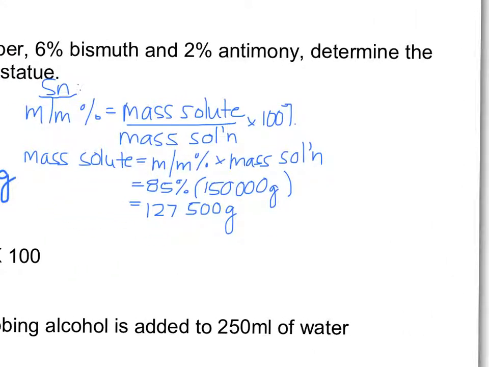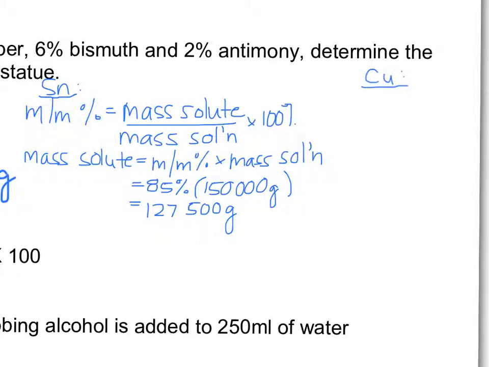I do the same thing for the copper. And I'm just going to go, because I've already rearranged it, look at, I've got this beautiful, rearranged. Mass of the solute equals mass per mass percent times mass solution. That's all rearranged. I'm not going to write that again, especially if it's on a test or an exam and I'm in a time crunch, right?